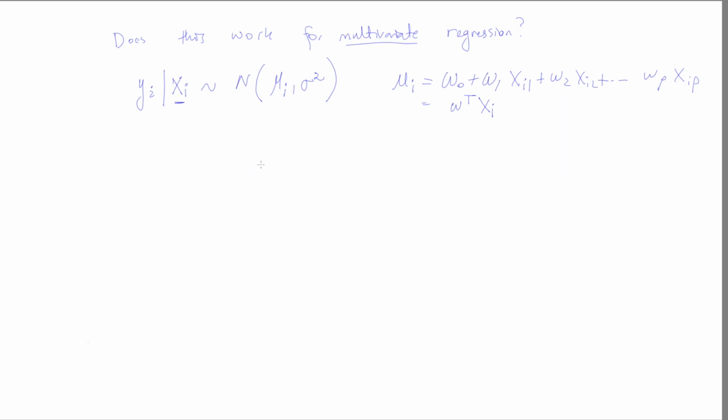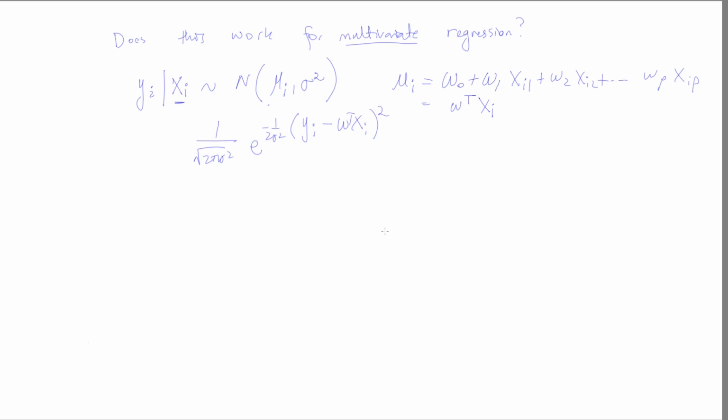Okay, and the distribution here is exactly the same. It's still going to be 1 over root 2 pi sigma squared, e to the power of negative 1 over 2 sigma squared, yi minus W transpose xi, squared.